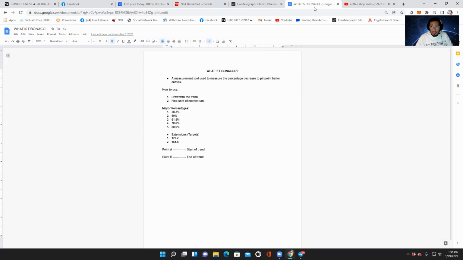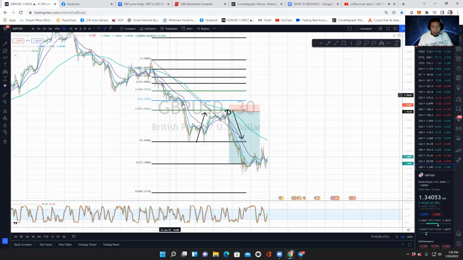Remember that if you're on the uptrend, you're going to be drawing the Fibonacci tool from the bottom, from the low price to the top price. If you're on the downtrend, remember you're going to be drawing the Fibonacci from the top price to the bottom price where the market created structure. Okay, then from there you look at your Fibonacci levels, you decide did it break all my important fib levels?